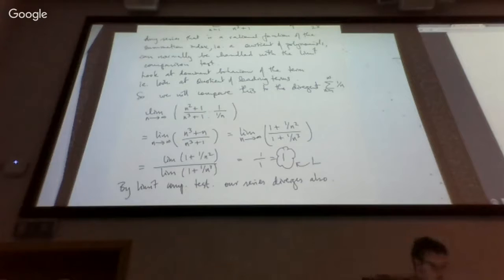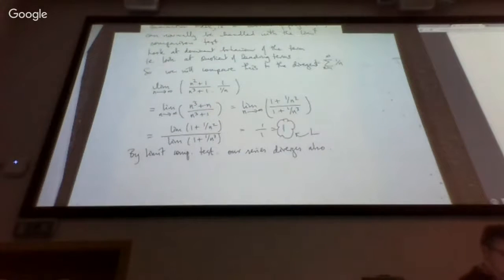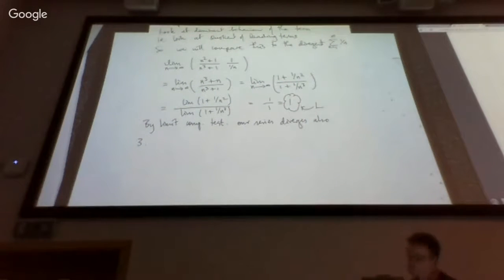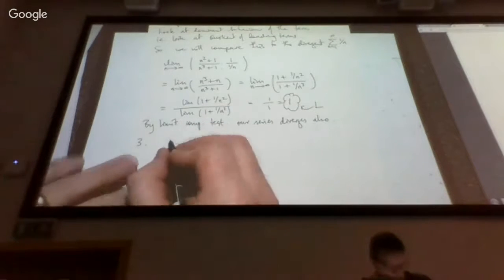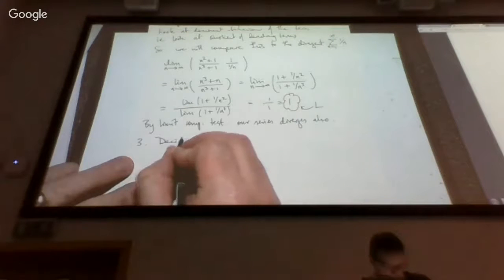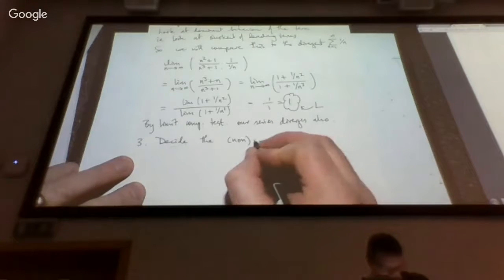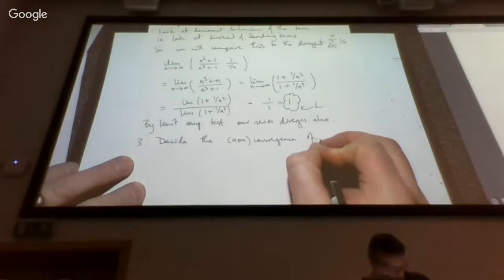Let's look at another example, which is kind of similar to that. This was a kind of slight twist in it. So this will be example 3. So this time, decide the non-convergence of this series.